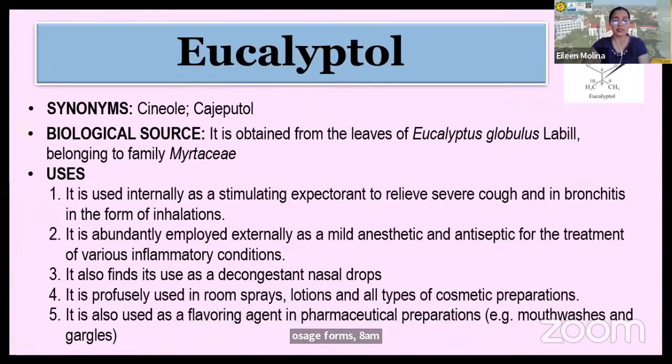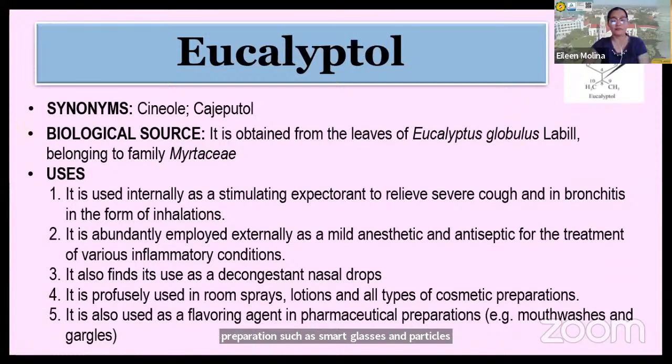Abundantly employed externally as a mild anesthetic and antiseptic for the treatment of various inflammatory conditions. It also finds its use as decongestant nasal drops, and it is profusely used in room sprays, lotions, and all types of cosmetic preparations. And as a flavoring agent in pharmaceutical preparations, such as mouthwashes and gargles.